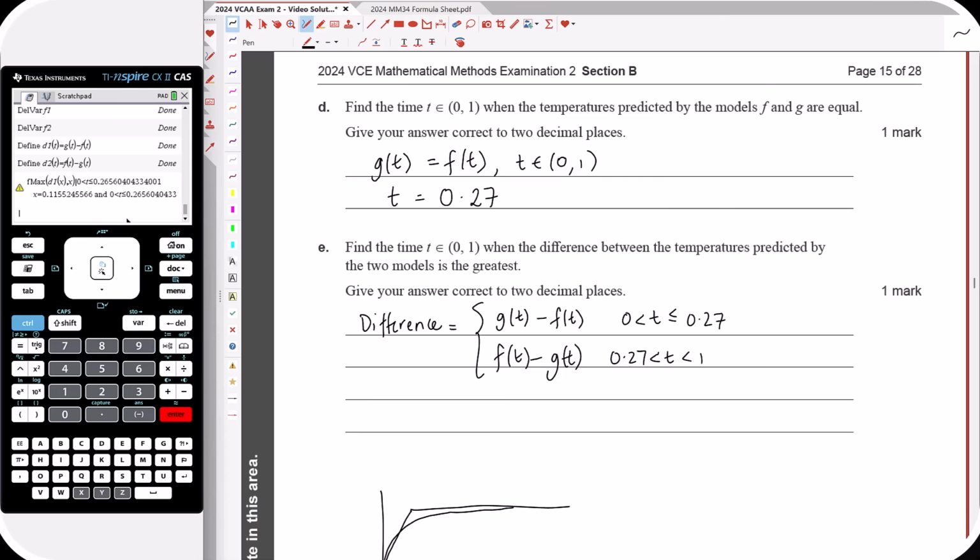Okay, so the maximum is when t is approximately what accuracy we want, 2 decimal places. So it's this 0.1155, so that's 0.12. And in this bit, the max is when t is, so let's do the same thing.